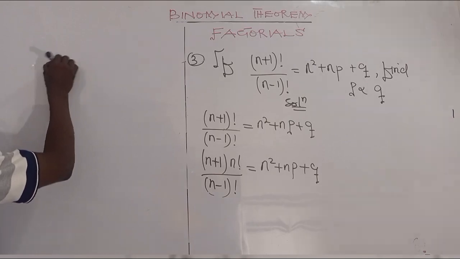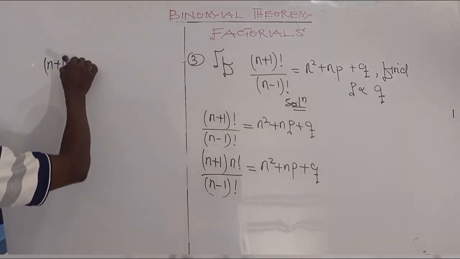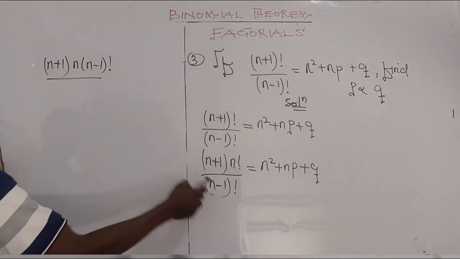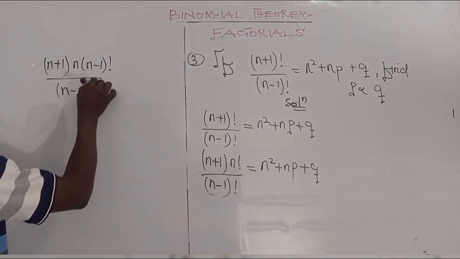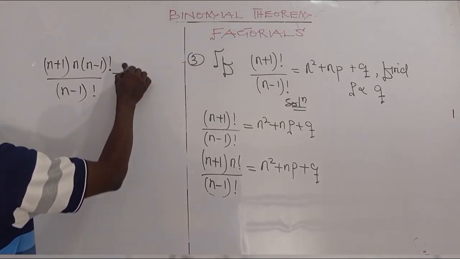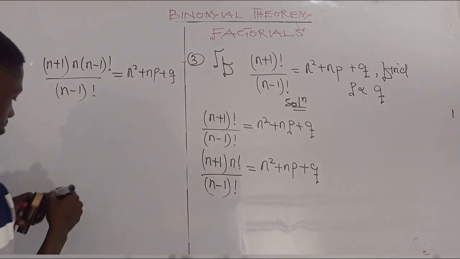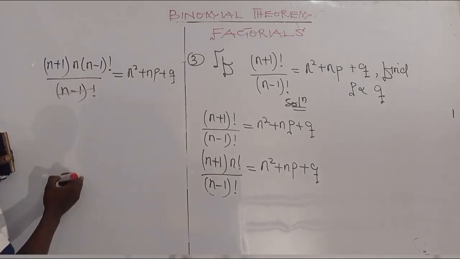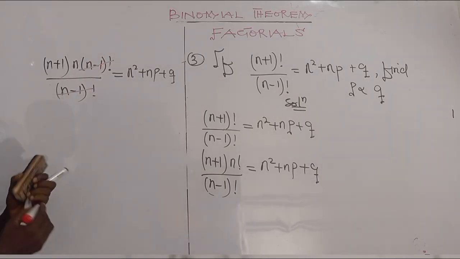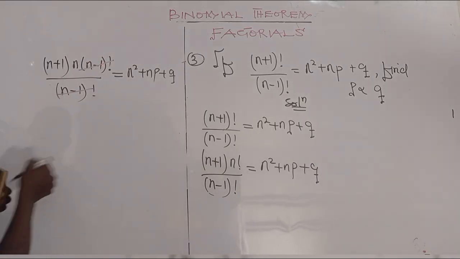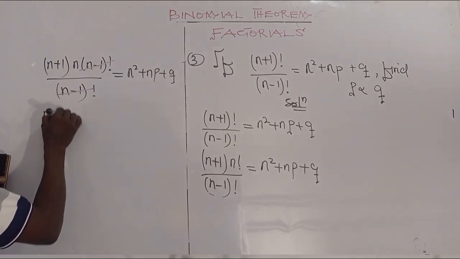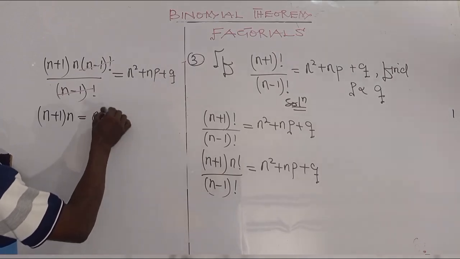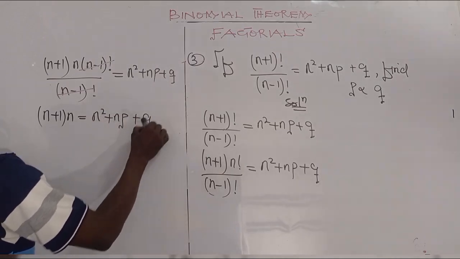We have n plus 1 and n minus 1 factorial all over n minus 1 factorial, which is equal to. So you realize that n minus 1 factorial can cancel n minus 1 factorial. So we are left with n plus 1 multiplying n.